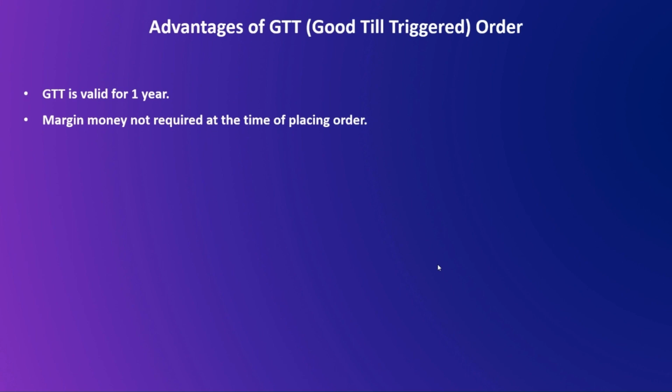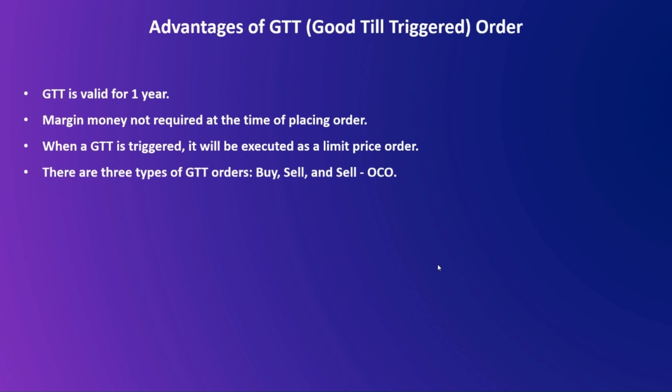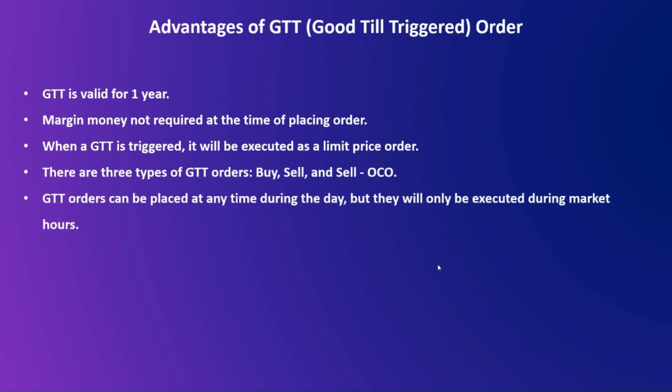This is a very useful feature compared to the normal limit order, where the broker will block your margin money. Since they're not blocking, you can create multiple orders for the same stock or for different stocks. Whenever the trigger price is hit, the executed price will be executed as a limit order, like a normal limit order.